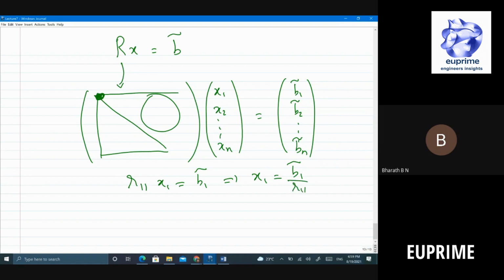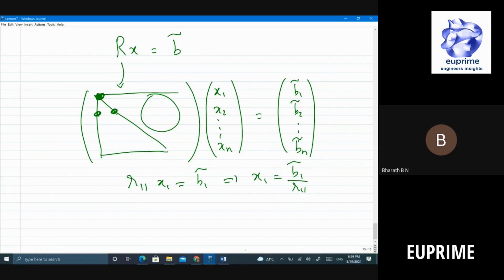What happens to the second one? There are two terms here. The first term is R21 times x1 plus R22 times x2 is b2 tilde. Is that clear?